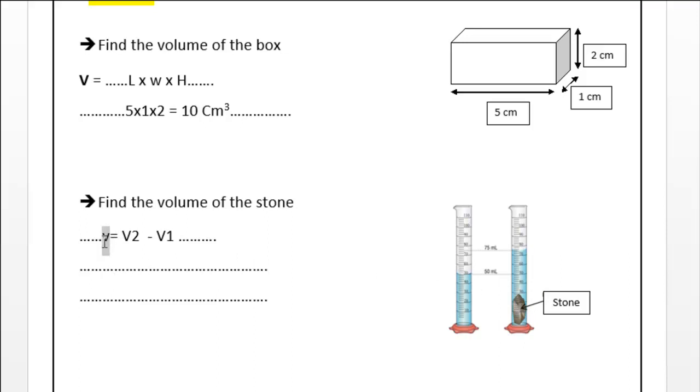So V, the volume of the stone, equals 75 minus 50, which is equal to 25 cubic centimeters. And why do I write cubic centimeters? Because this is a stone, a solid object, and the volume unit of a solid object is cubic centimeter, but for a liquid it is milliliter or liter.